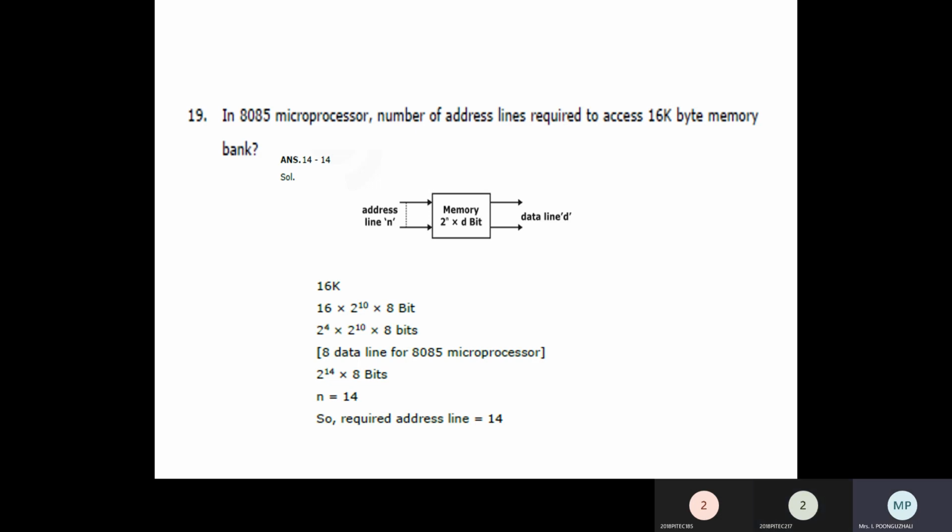So the answer is 14. We require 14 address lines to access this 16k. This is how we have to find it.